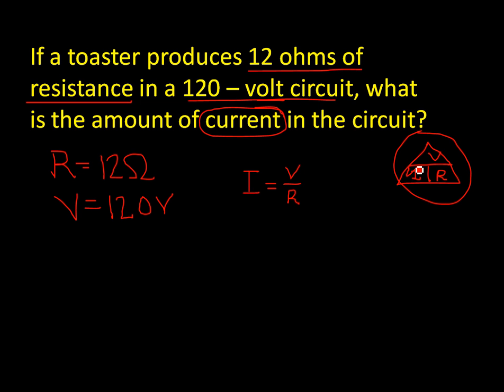I cover up the I, and I can see that I is equal to voltage over resistance. So now I just start plugging in the variables. I know that the R is 12 ohms. And then I know that the V I have up here, the V is equal to 120 volts.